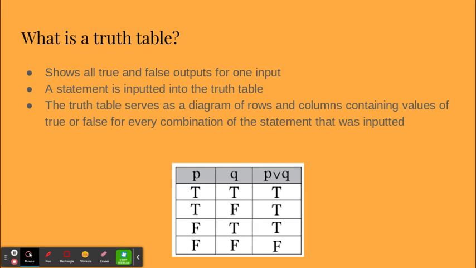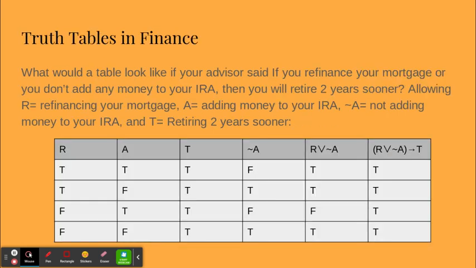So let's give you a hypothetical scenario in finance. What would your table look like if your financial advisor said that if you refinance your mortgage or you don't add any money to your IRA, then you will retire 2 years sooner?